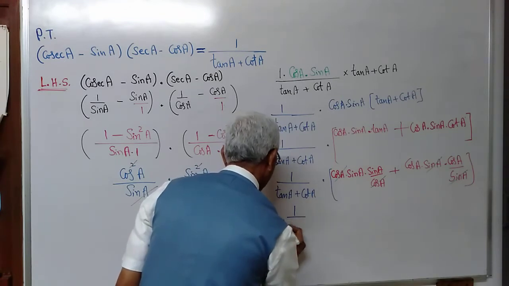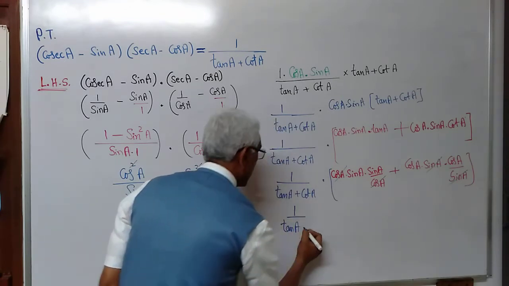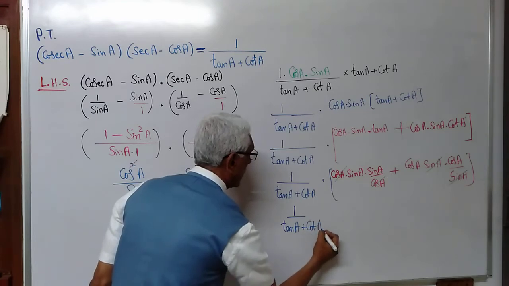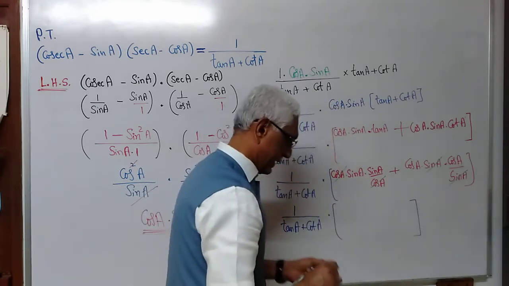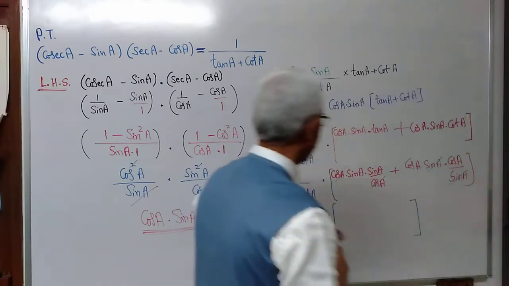What is going to happen in the next step? 1 whole over tan A plus cot A, correct, into what is happening in the bracket is very, very important.